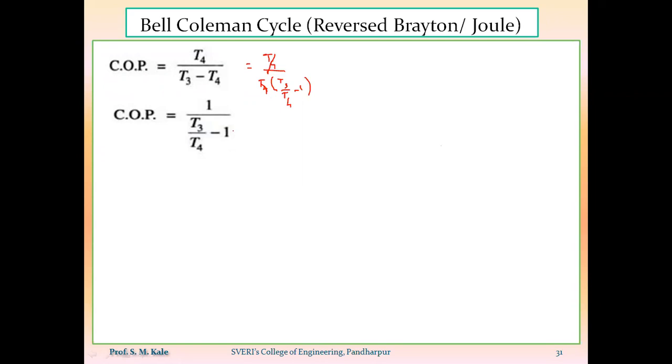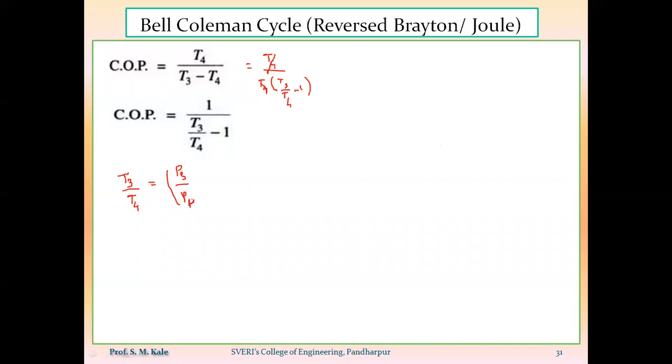Are you getting? Now, as process 3 to 4 is an isentropic expansion process, we know that T3 by T4 is equal to P3 by P4 raised to gamma minus 1 upon gamma.